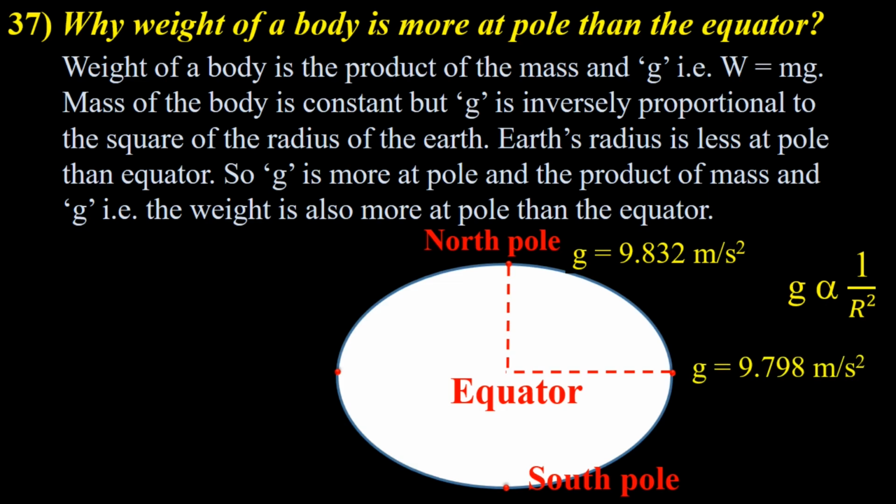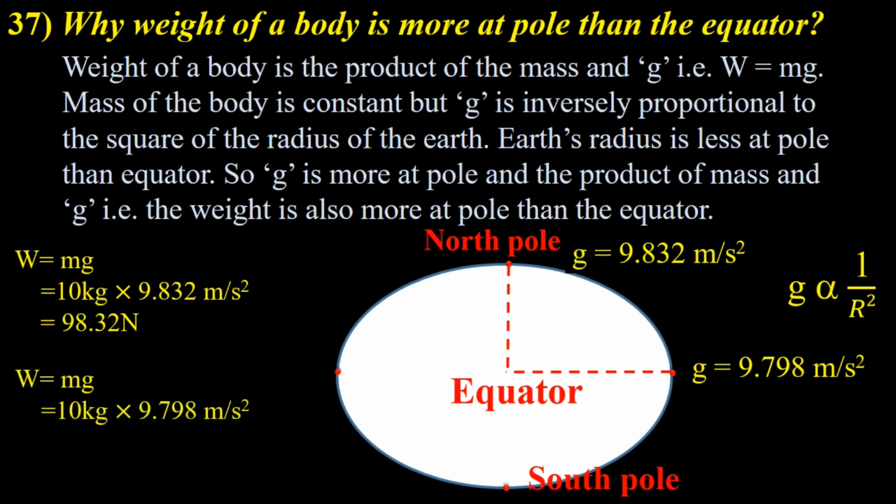We can go through a mathematical calculation also to understand it very clearly. Look at this, W equal to mg. If we take 10 kg mass at North Pole, then its weight will be 10 kg multiplied by g at North Pole, and its value will be 98.32 Newton. And the same formula we are using for the same body when taken to the equator.